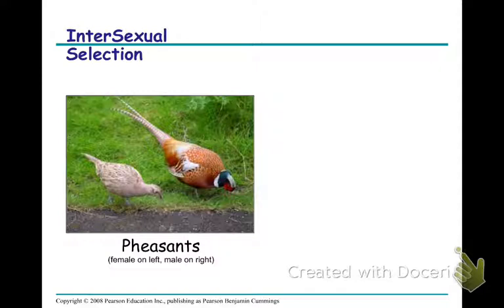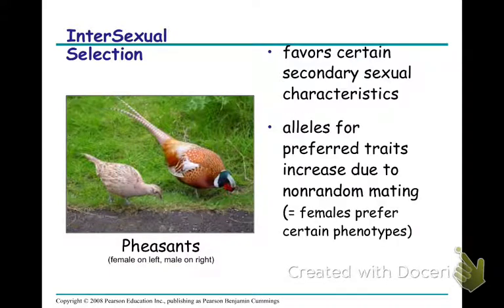On the other hand, males, because of being showy, will end up attracting the female, but they are also like having a target on their back and very easily detected by the predator, in some cases. Intersexual selection favors certain secondary sexual characteristics. The alleles for preferred traits increase due to non-random mating, and females prefer certain phenotypes.